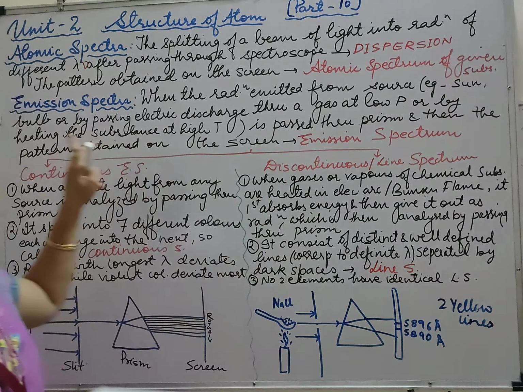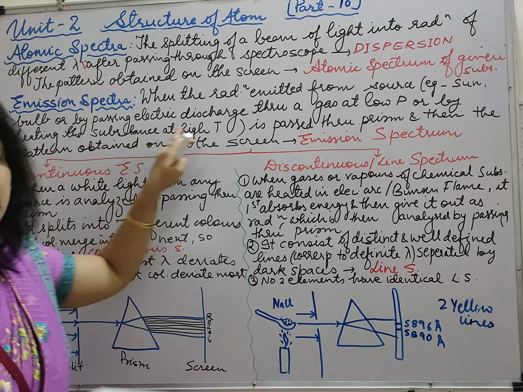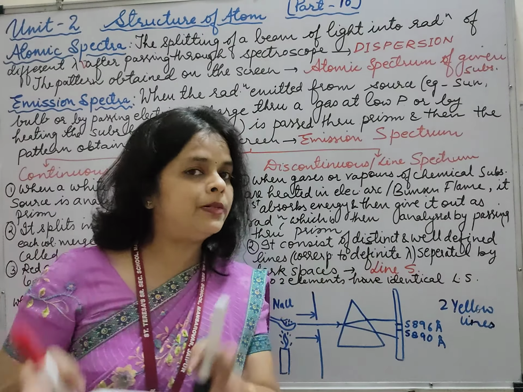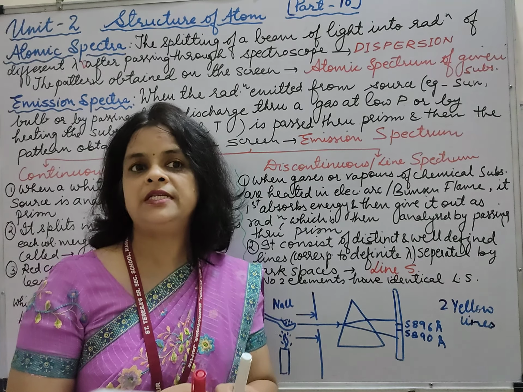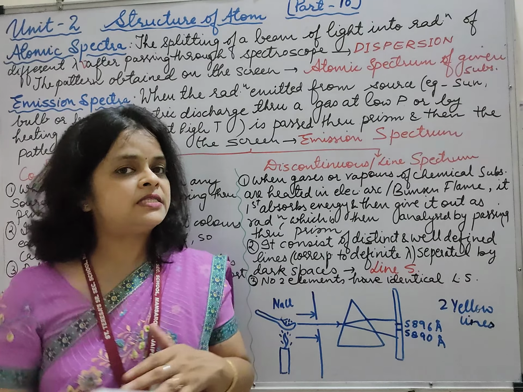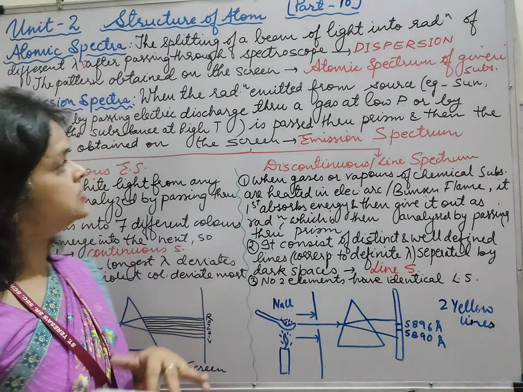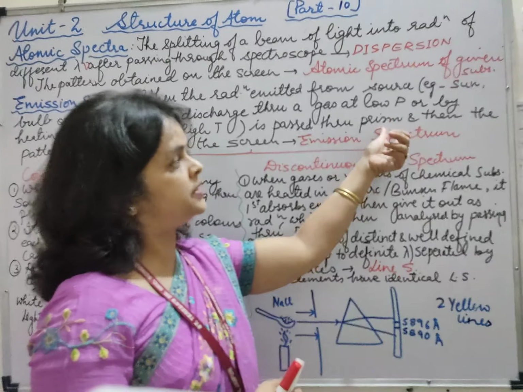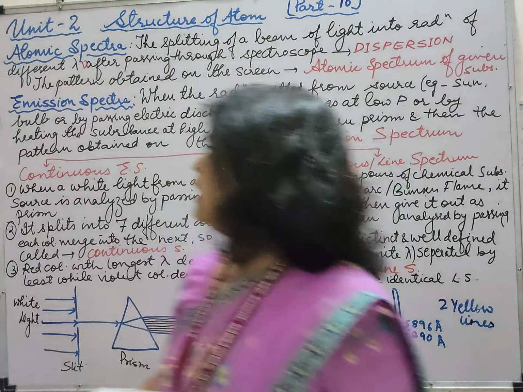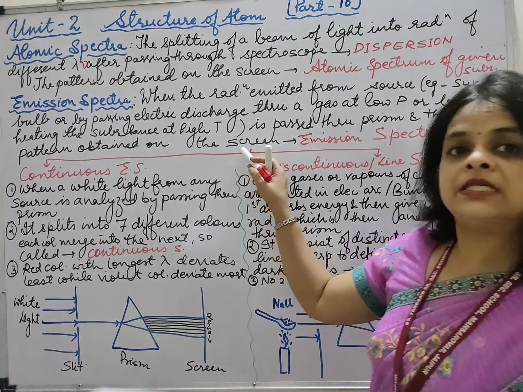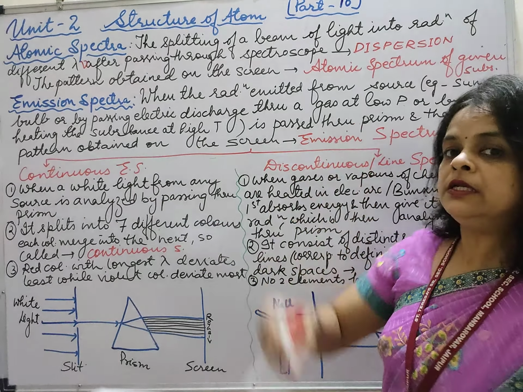Or by heating the sample at high temperature, on a Bunsen burner: if you heat the substance, the vapors of the substance also get their electrons excited to high energy levels. When such radiations are passed through a prism and analyzed, the pattern obtained on the screen is called the emission spectrum.